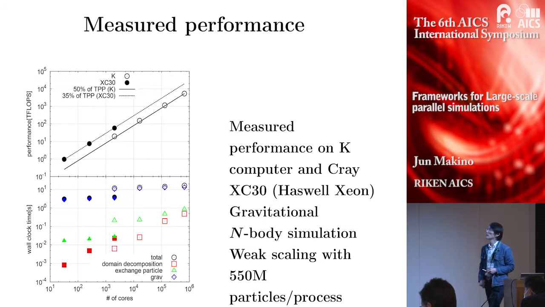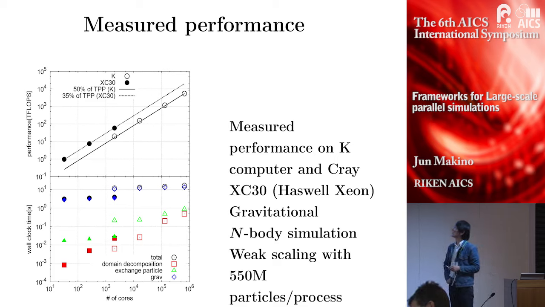And this is the measured performance for the gravitational N-body simulation on the K computer and the Cray XT30 at the National Astronomical Observatory of Japan. Here is the number of nodes, and the black one is on Cray, and the white ones are on K computer.